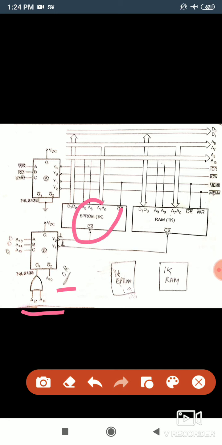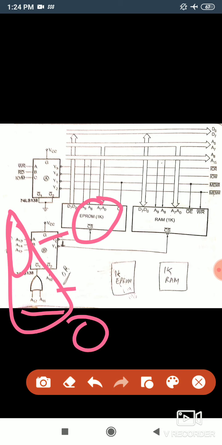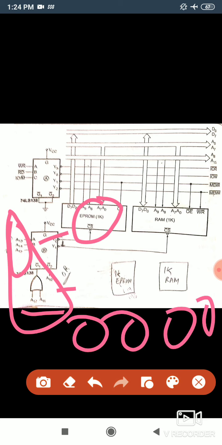And for ROM, it is decided that A15, A14 and A13 are all 0 because it is the output Y0. So all of them are 0. Now this 0 is the chip select address for ROM, and it is for the starting address of ROM as well as for the last address of the ROM.